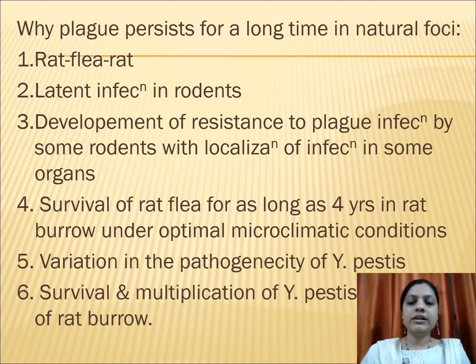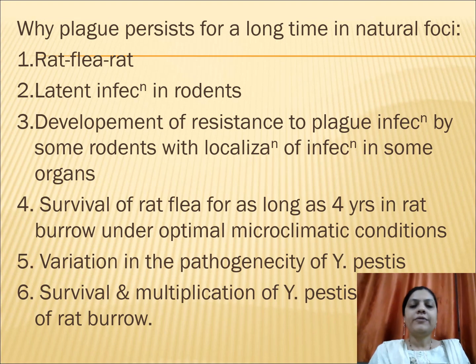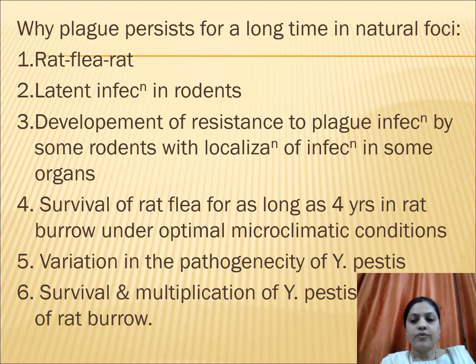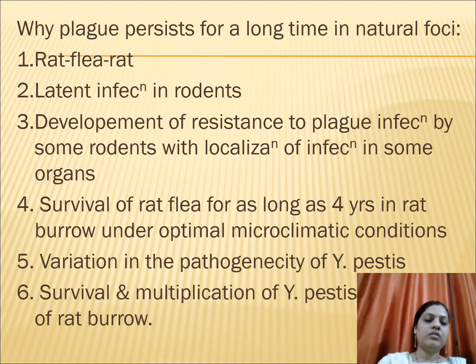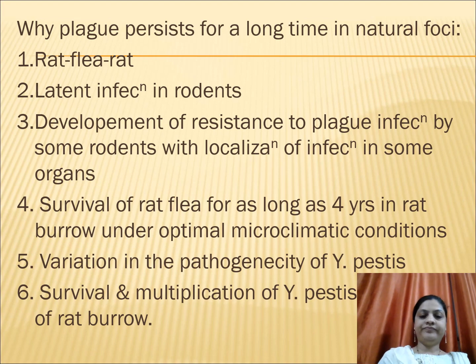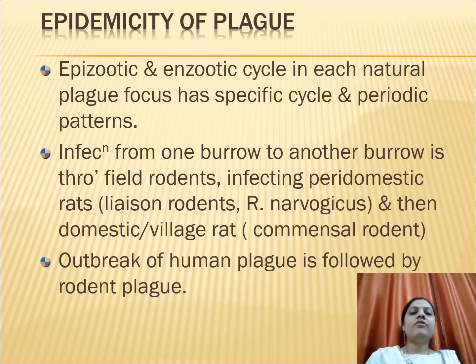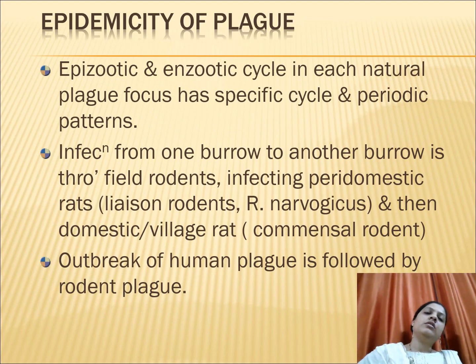Then the survival of the rat flea is as long as 4 years in rat burrows under optimal microclimatic conditions. Variations in the pathogenicity of Yersinia pestis. Survival and multiplication of Yersinia pestis in the rat burrow. Now the epidemicity of plague.